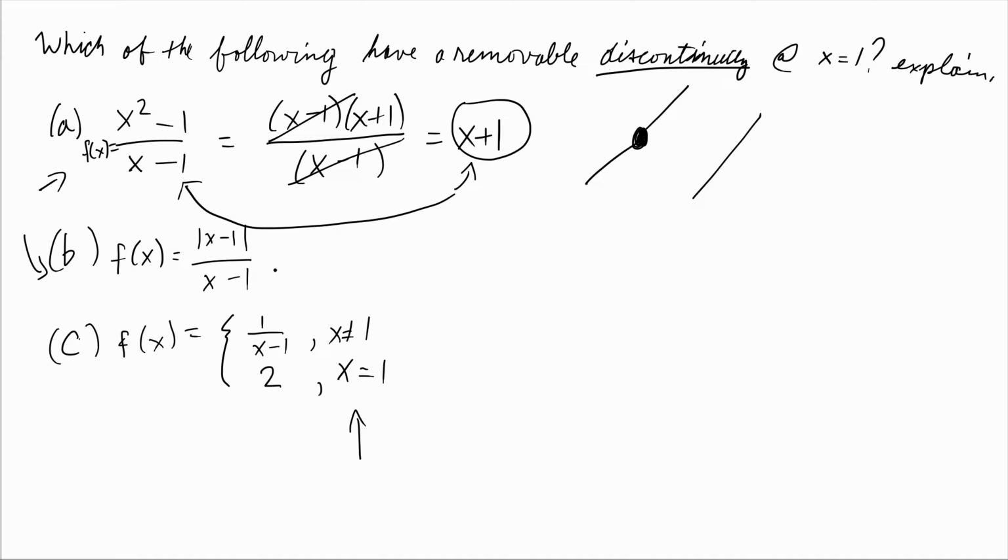Now, take a look at the next one. Again, it is going to be a domain issue, so it doesn't have a removable discontinuity there. But if we were to take a look at this, think about x equals 1, and when x is a little bit bigger than 1. What happens? Just go on either side.